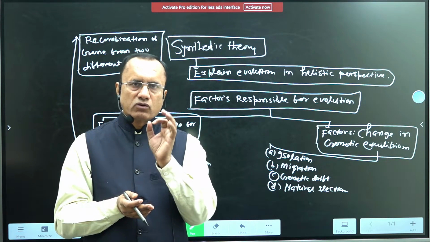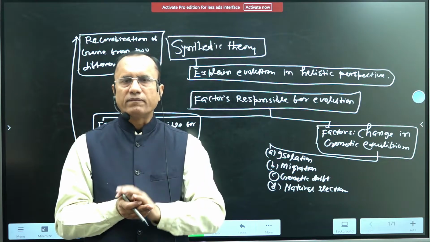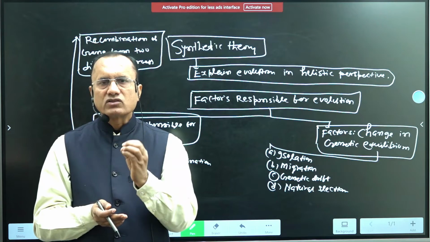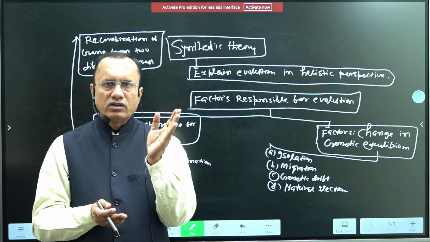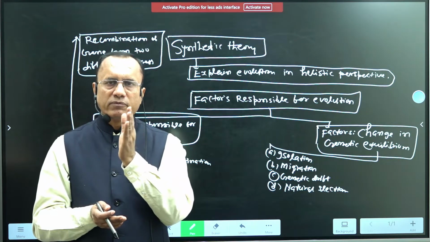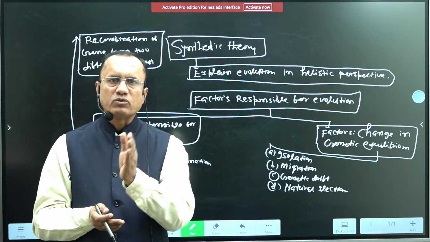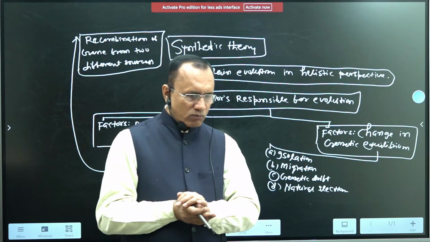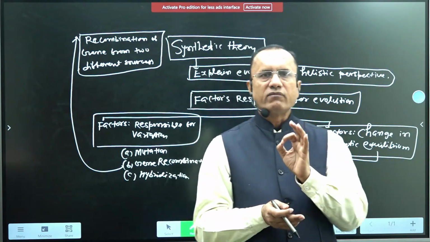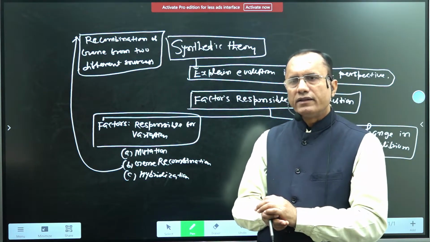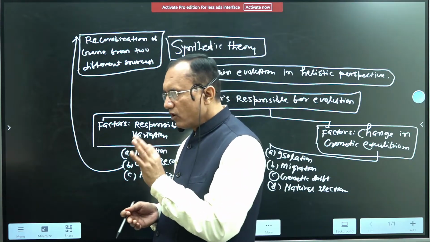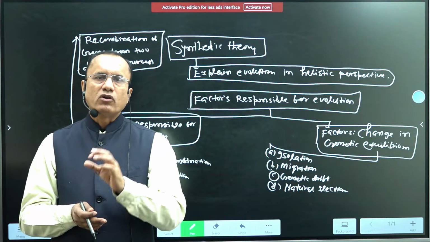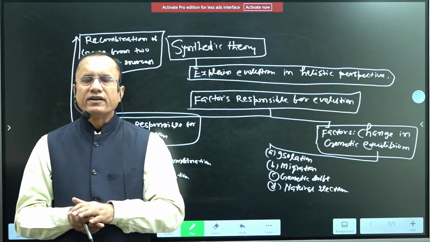In the course of zygote formation in human beings, because in human beings there is sexual reproduction, 50% of genes come from the mother's side and 50% from the father's side. Both randomly recombine with each other, and therefore the genotype of the offspring is different from the genotype of his or her parents.